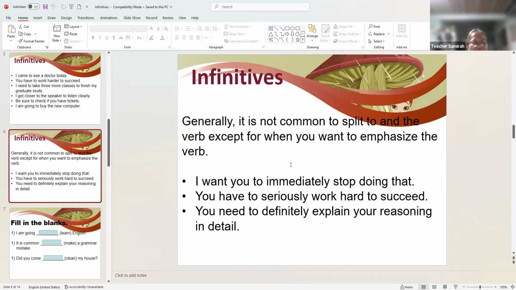Just always make sure to at least understand the words being used before the verb.